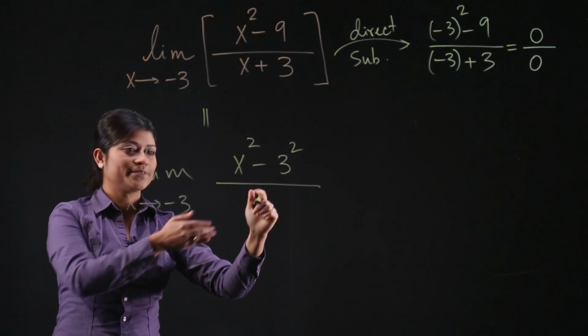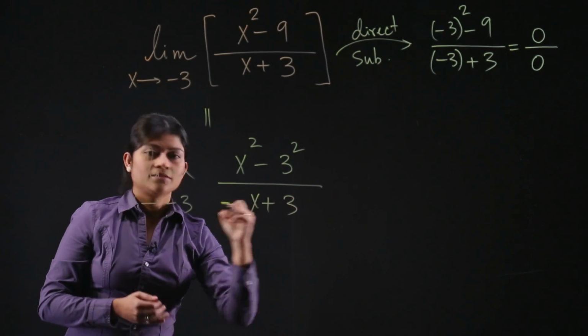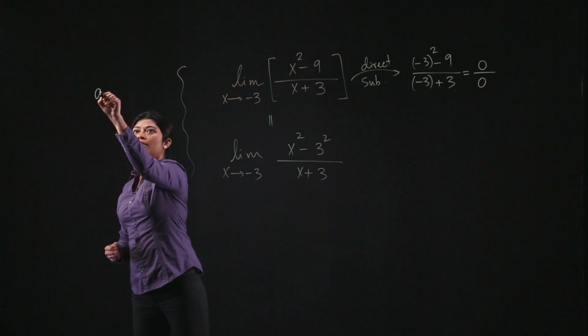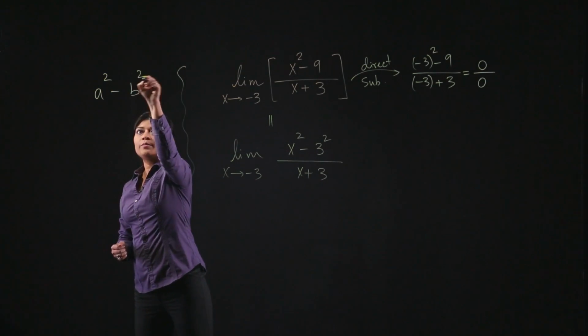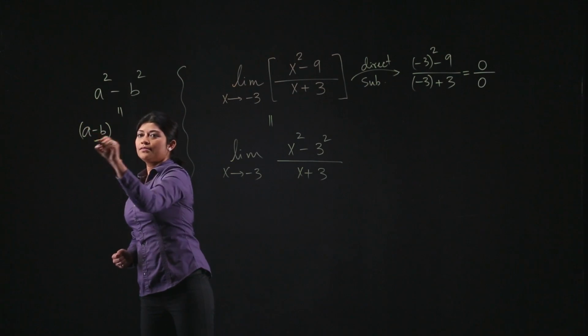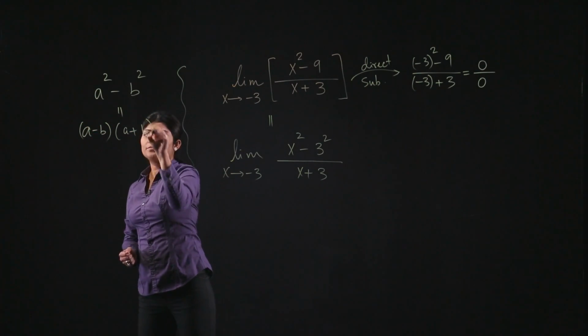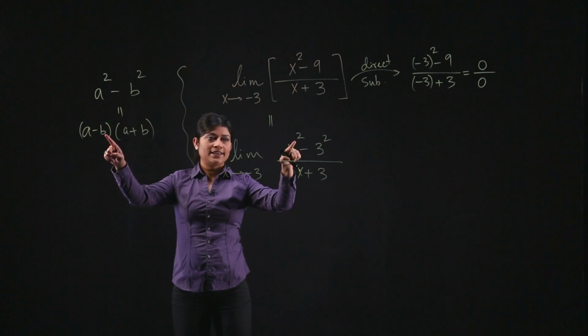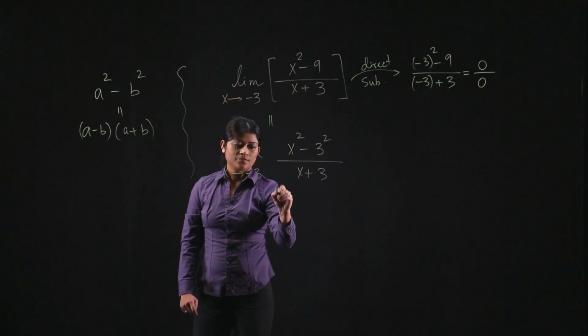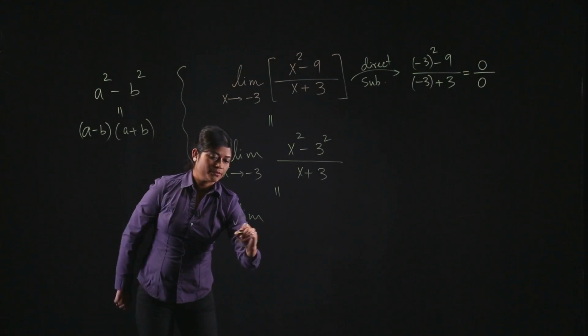So do you know how to factor that? So recall, if you have a difference of two squares, a squared minus b squared, the factors are a minus b and a plus b. So in this case, a is x and b is 3. So we can factor.